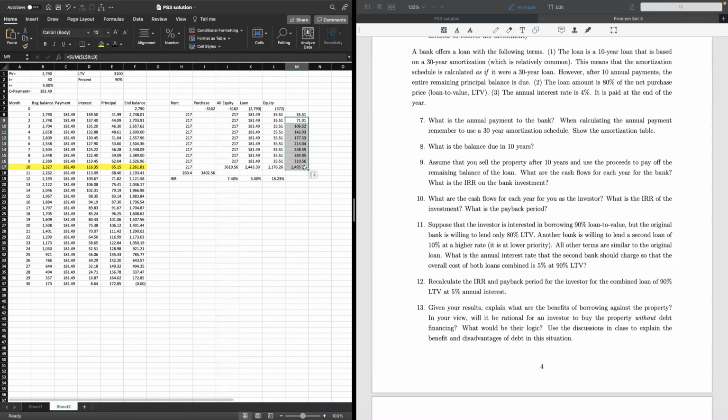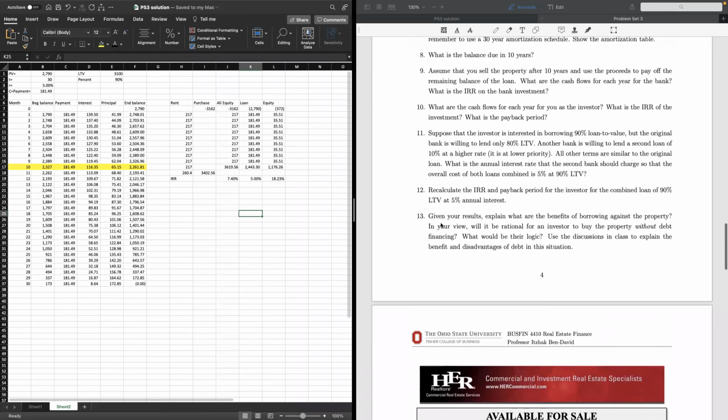So this is your cumulative gain. Until the end of year 10, you don't get your initial investment back. It's at the end of year 10 that you get everything back. So the payback period is still 10 years.